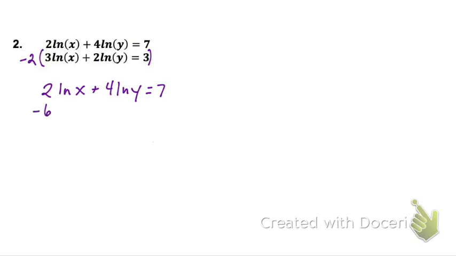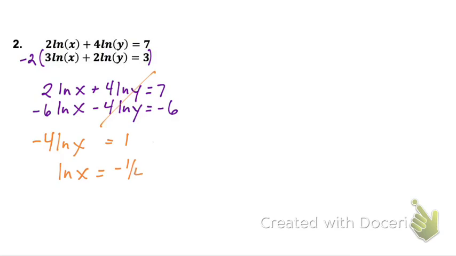So negative 6 ln x minus 4 ln y equals negative 6. These will cancel. Add down, so negative 4 ln x equals 1. Ln of x equals negative 1/4.